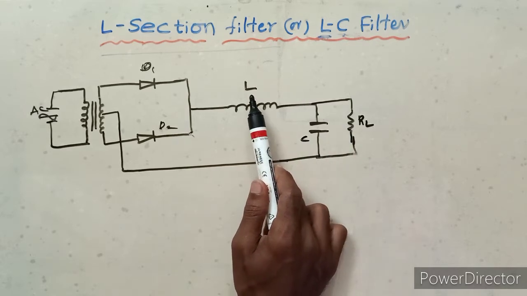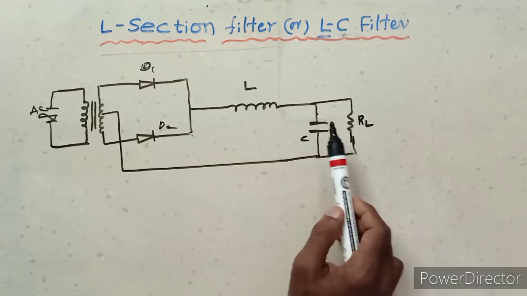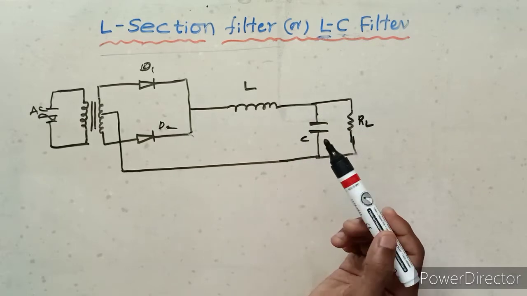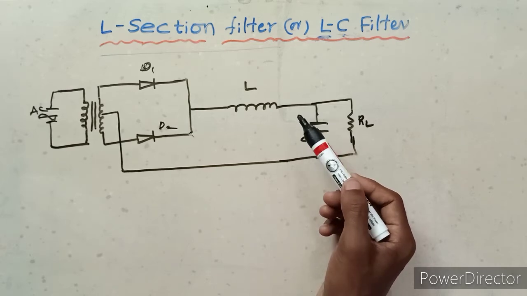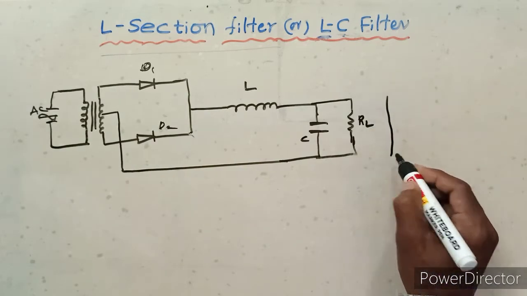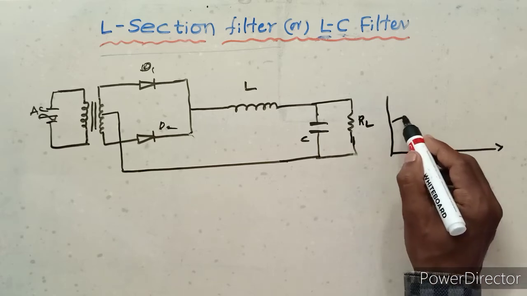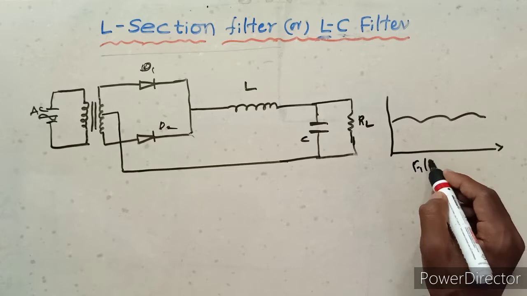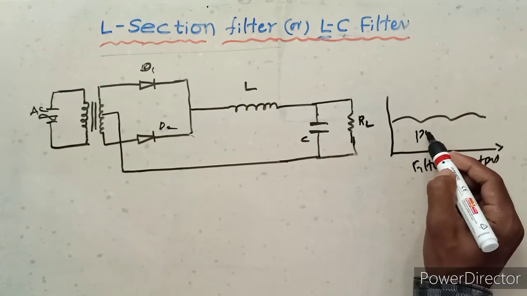In inductor filter, the load resistance is decreasing. So finally the ripples are decreasing, the ripples are minimizing. Then finally we get the output pure. This is the filtered output. That means pure DC.